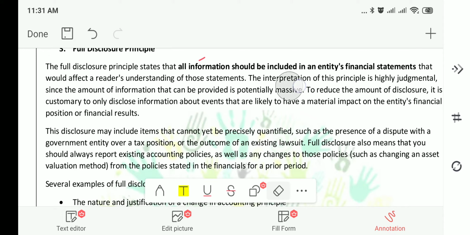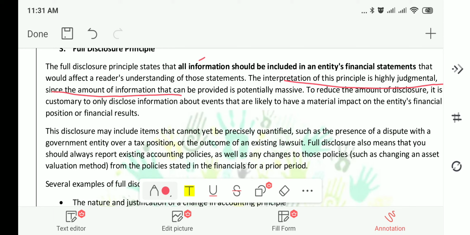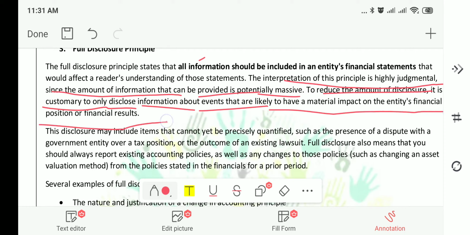The interpretation of this principle is highly judgmental since the amount of information that can be provided is potentially massive. To reduce the amount of disclosure, it is customary to only disclose information about events that are likely to have a material impact on the entity's financial position or financial results.